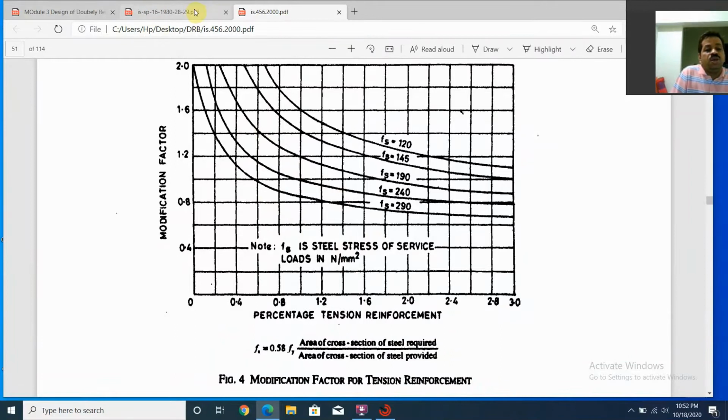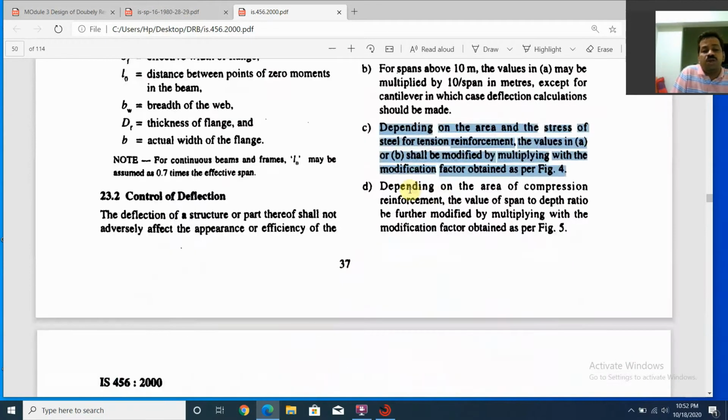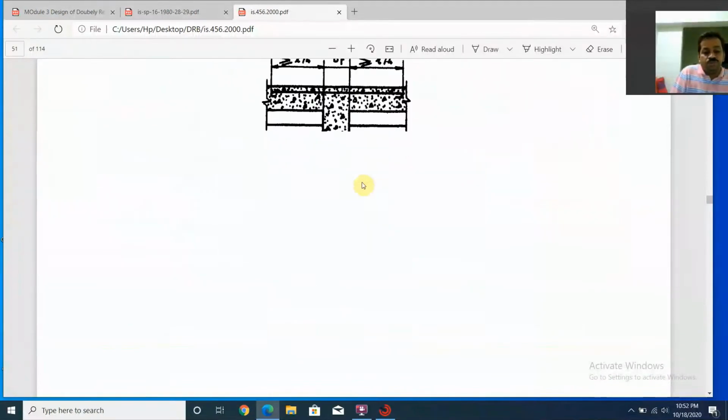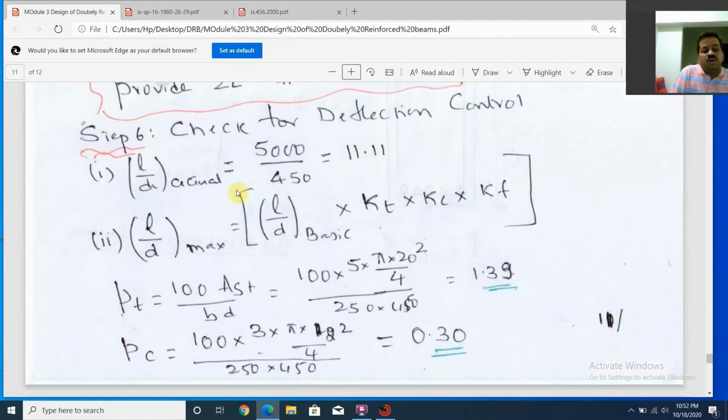In a similar way, the code book says that if I provide compression reinforcement, refer to figure number 5. So with this regard, we'll try to understand how KT is found out.